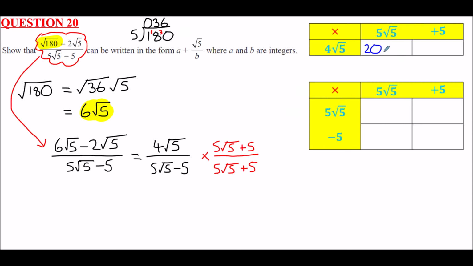So that becomes 20 times 5. This box here, 4 times 5 gives 20, so this gives us 20 root 5. So the top of this fraction, that times that, gives us 20 times 5, which is 100, plus 20 lots of root 5.